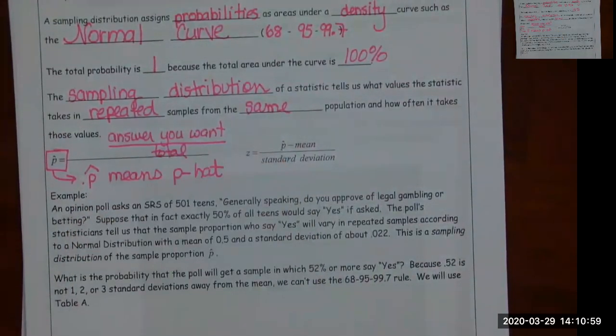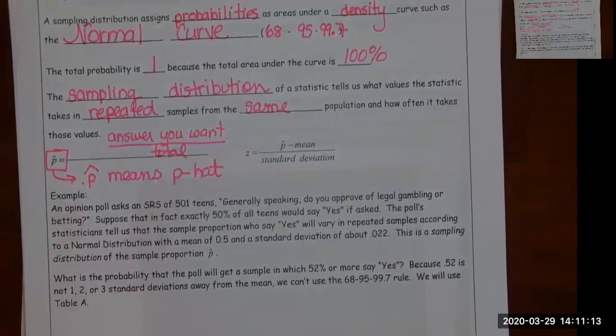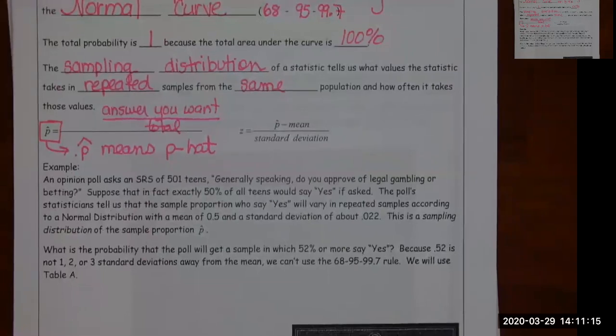Let's say I have 32 students in class and I ask, how many of you brought me a Starbucks today? And 10 of you raise your hand. P hat would be 10 out of 32. So it's the number that matched what you were asking for, like how many people rolled a 6 or got heads or tails.